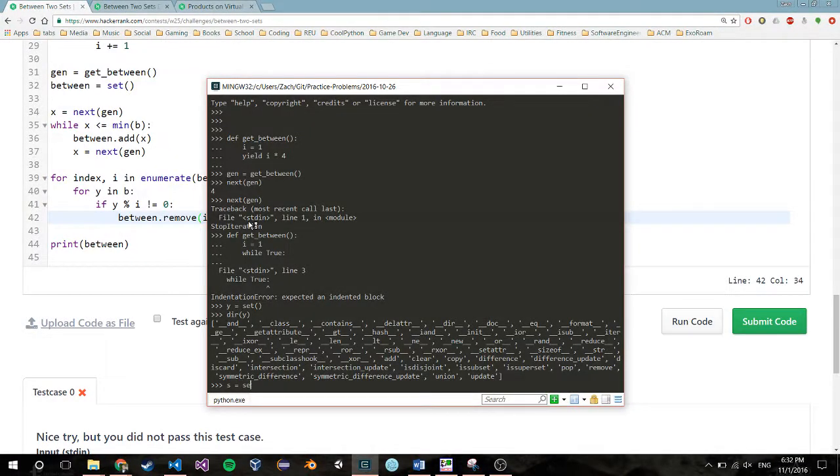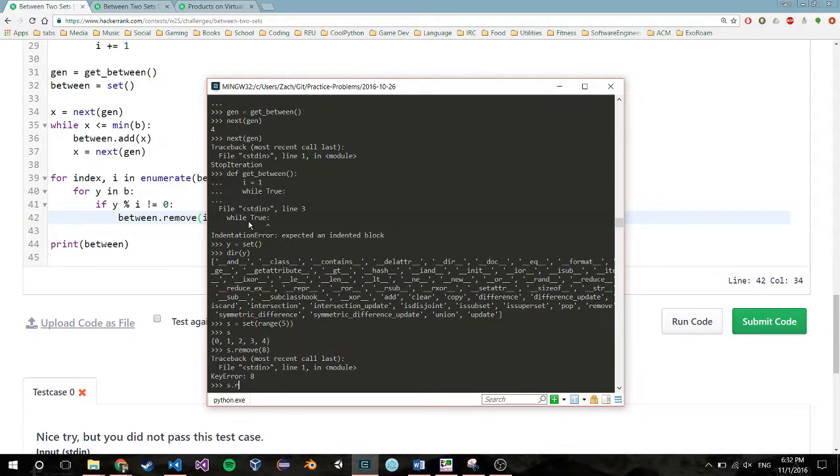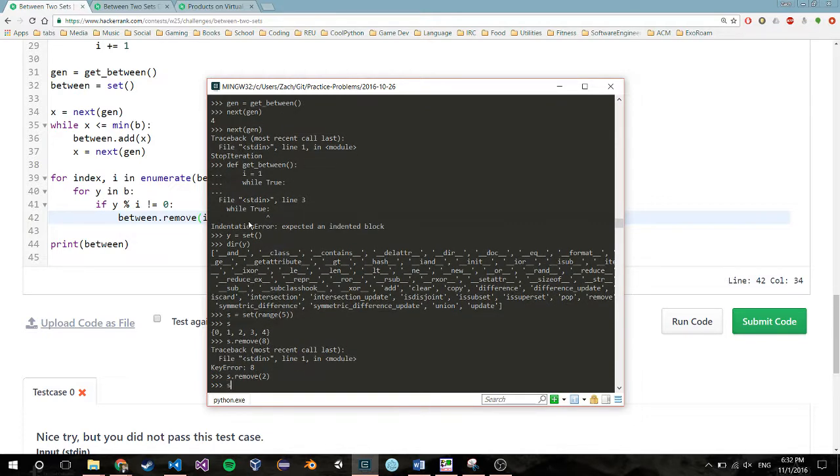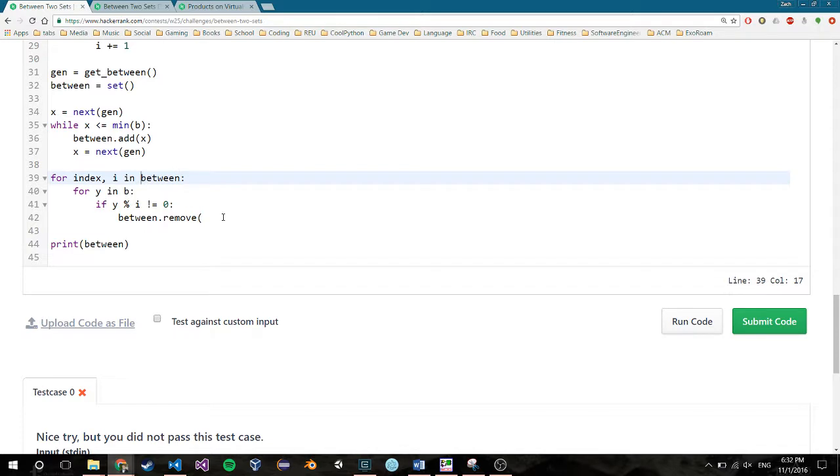Hold on. Yeah, it shouldn't. What I had originally should have worked because the remove does take the number there.